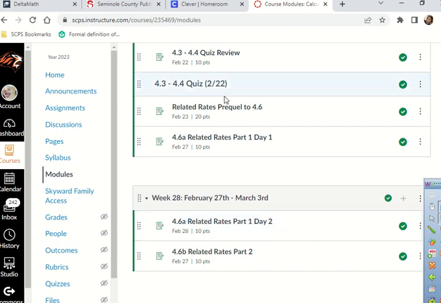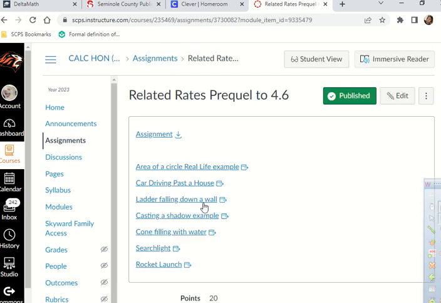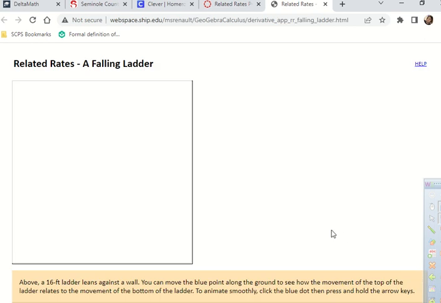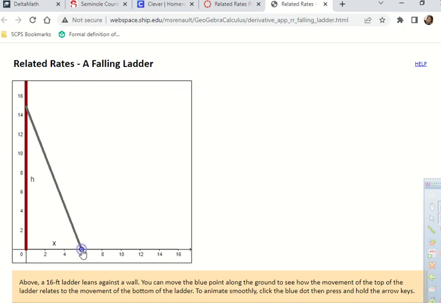Okay. So related rates prequel. The cool thing is on here I put little examples, drawings and whatnot. So think of this red as a house. Think of this gray line as a ladder. What you're going to notice is if the ladder slides out on the house right here, see what happens?